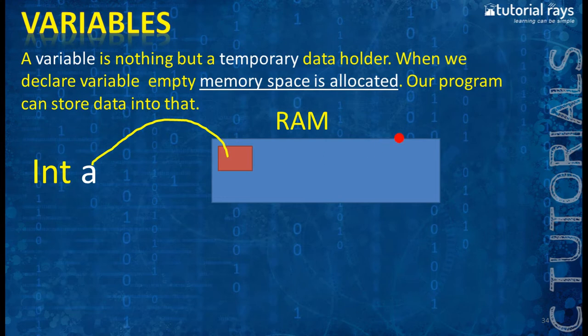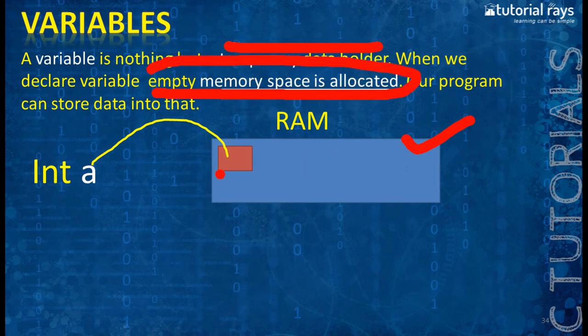Inside that, a temporary data holder, an empty space, is allocated. That means inside RAM an empty space is allocated for this variable a. So when we declare a variable, an empty space is allocated inside RAM or memory.